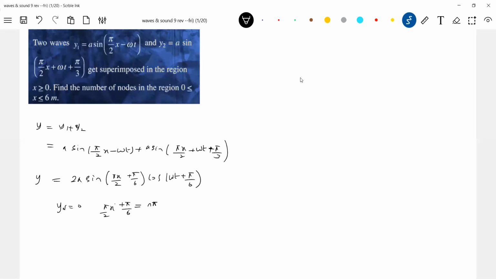Put n, what should be the value of n? n equal to 0, 1, 2, 3. Sorry, n equal to 1, 2, 3, and 4, for x between 0 and 6 meter, as it is asking.